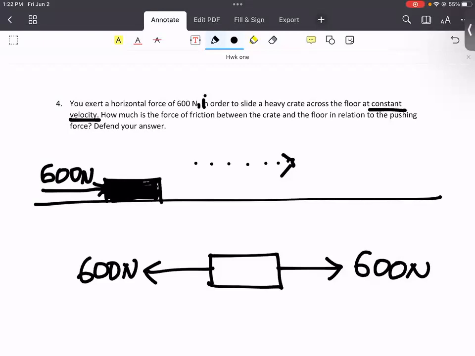But just for your information, the moment we have unbalanced forces, the box will be accelerating, and accelerating can imply slowing down or speeding up. So we don't want to have that. The moment we have one force being smaller than the other, then we are going to have an acceleration.